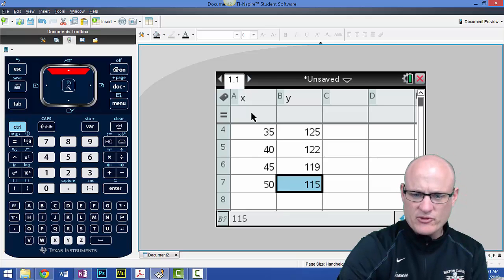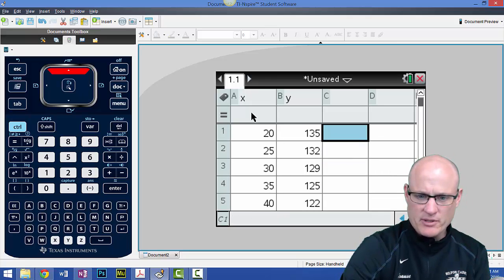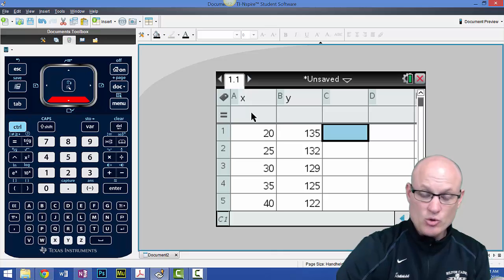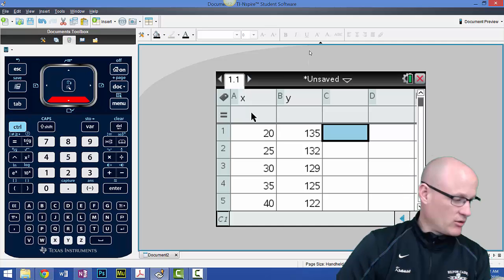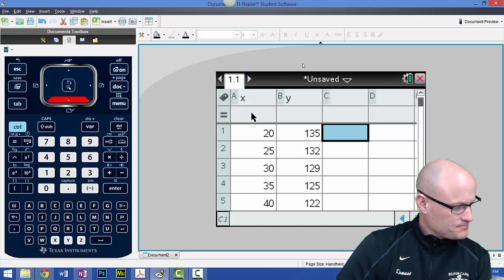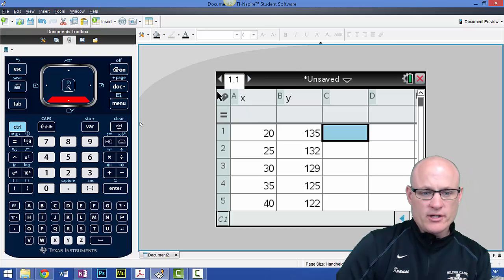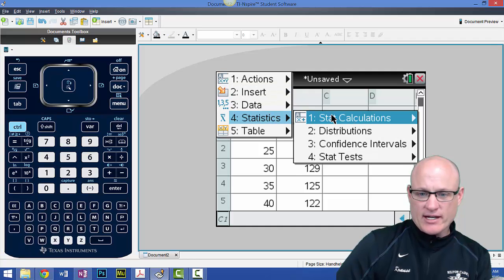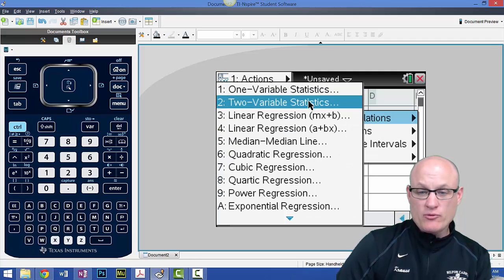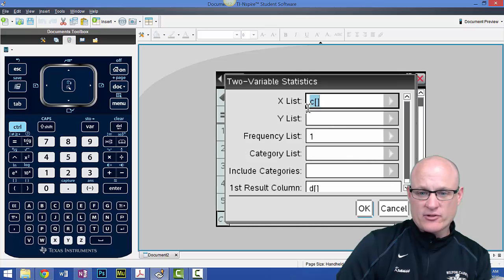And one of the biggest mistakes made by students, and it could be made by me, I hope I didn't make it, is that you don't put the numbers in correctly. So what we're going to do is figure out the correlation coefficient. Well, that's statistics, and we're doing stat calculations, but we're doing two variable statistics because we want to see if there's a correlation.